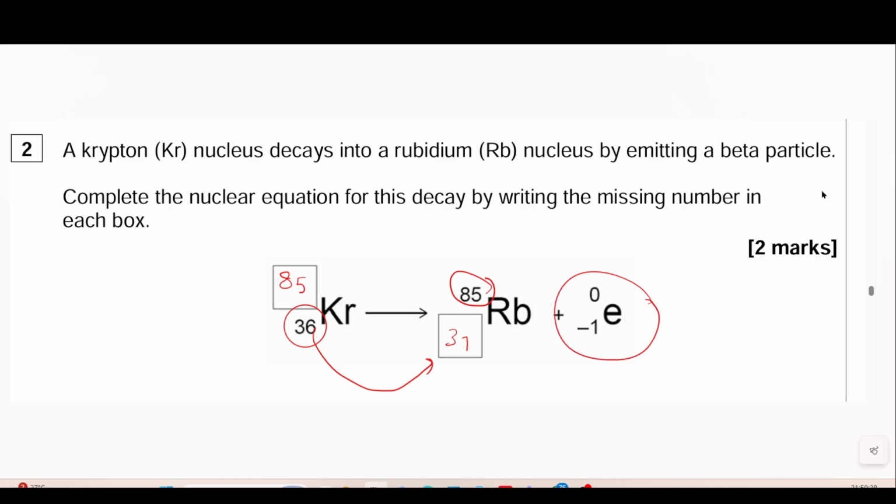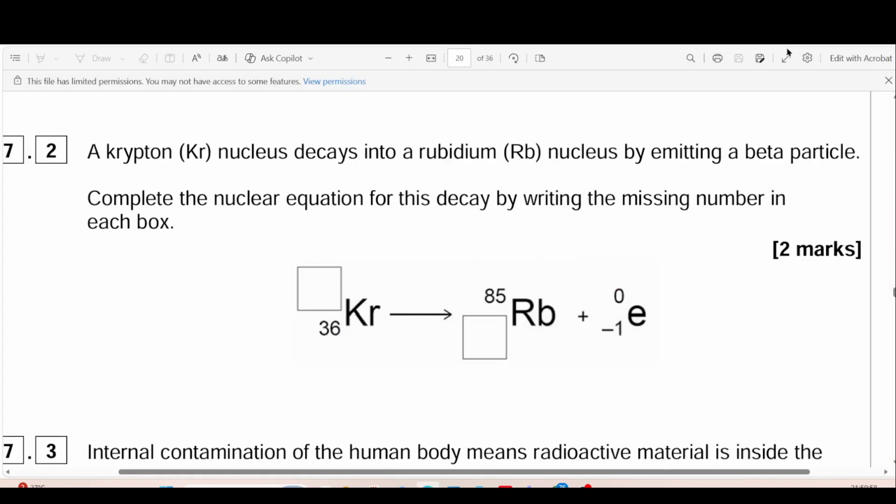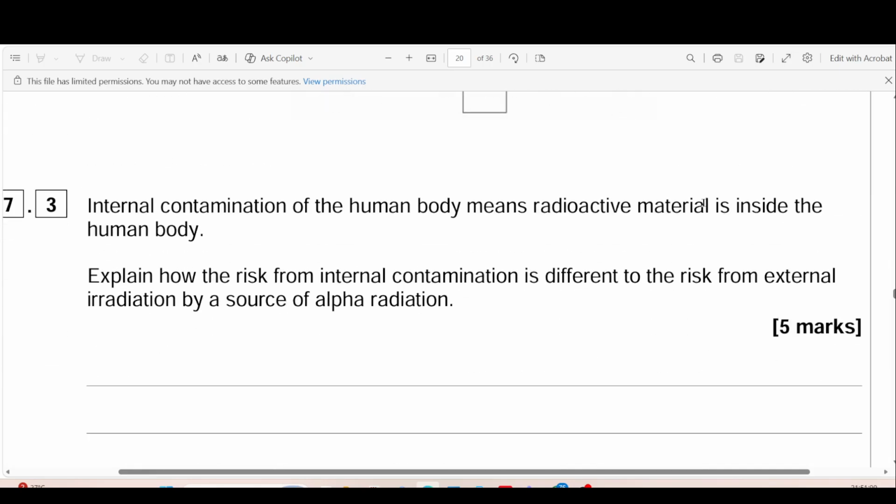So the atomic number increases by 1 and the mass number remains the same. Mass number means the number of protons plus the number of neutrons, and atomic number means just the number of protons. So it will increase by 1 and it will remain the same for only beta decay. Remember it.